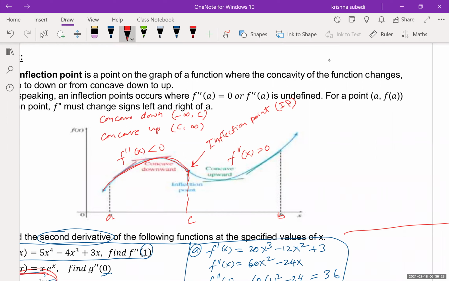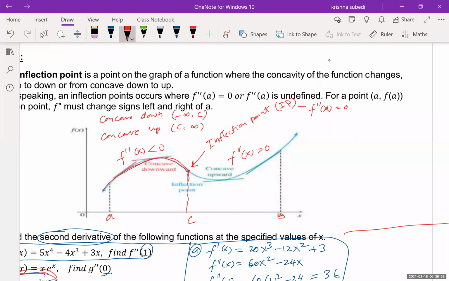Inflection point means the second derivative is either 0 or undefined. In this case it is 0, but sometimes it will be undefined as well. Remember, if you compare this with the previous concept, for a critical number or critical point, your first derivative equals 0 or is undefined.